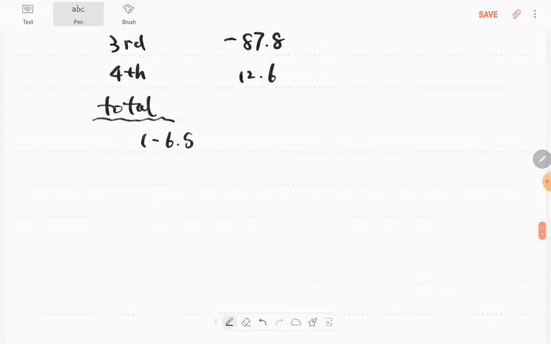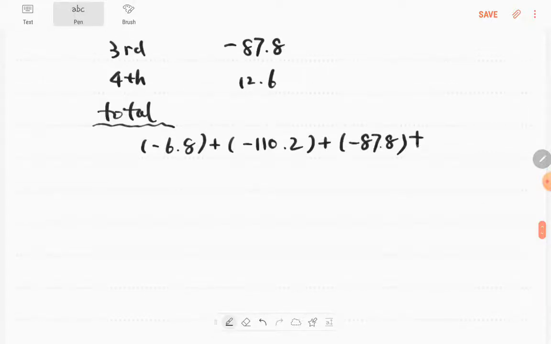The first number, first quarter is a negative number, plus the second quarter, plus the third quarter, and the last one will be a positive number.